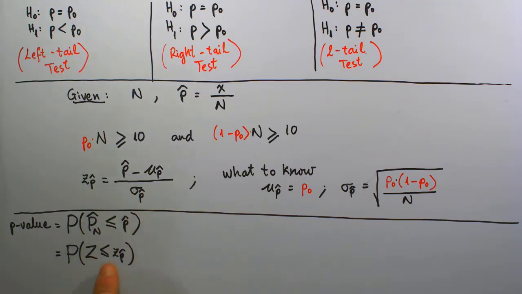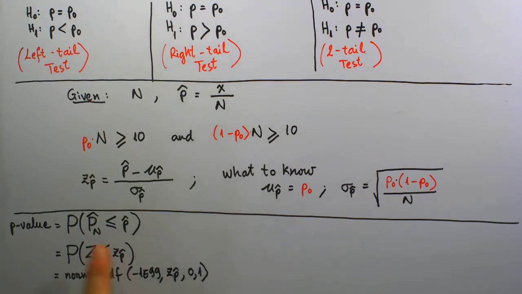In order to obtain this probability, if we are using the TI-83 or 84 calculator, we run the normal CDF command, where we take a low end being negative 1E99 and the upper end being our z-score value, and default at 0 and 1 for mu and sigma for our normal CDF command.